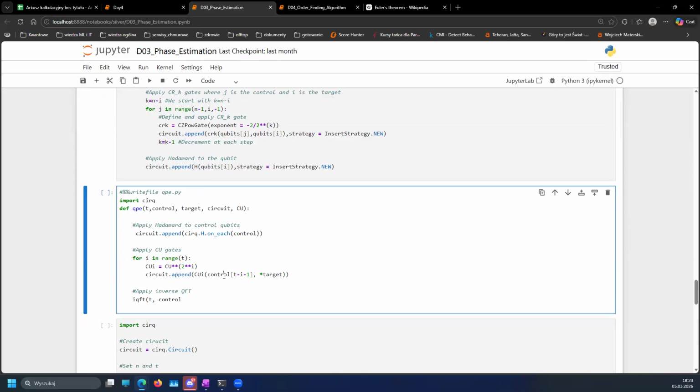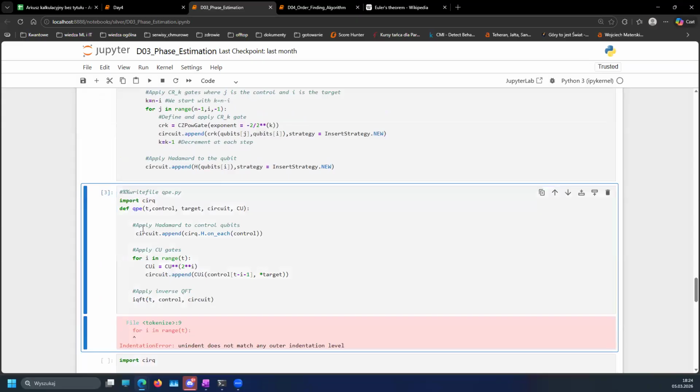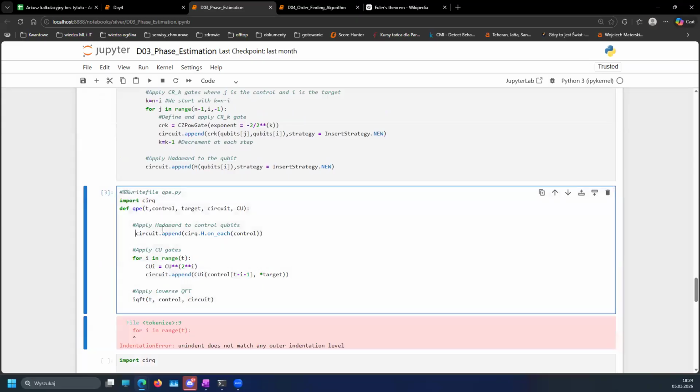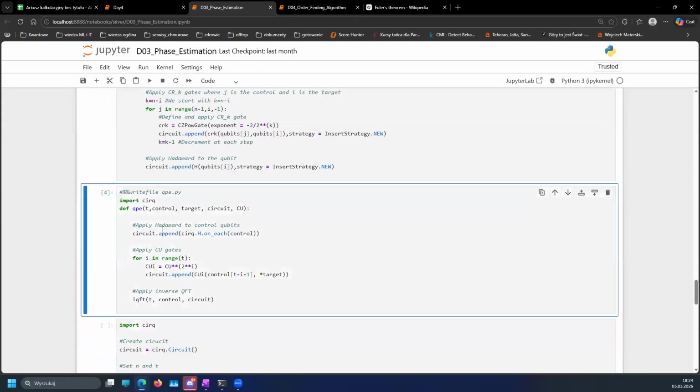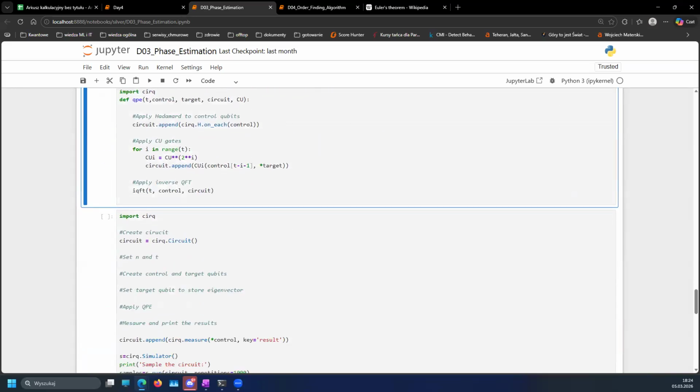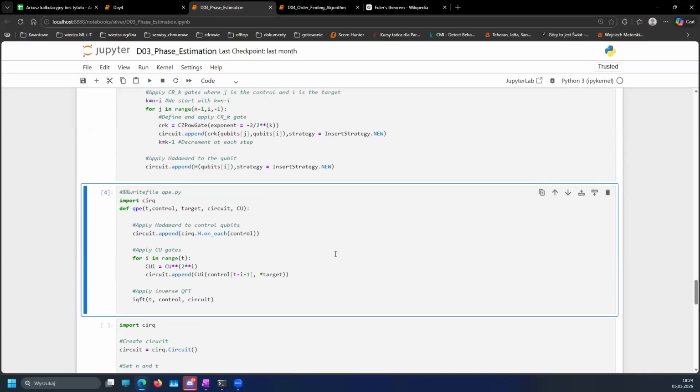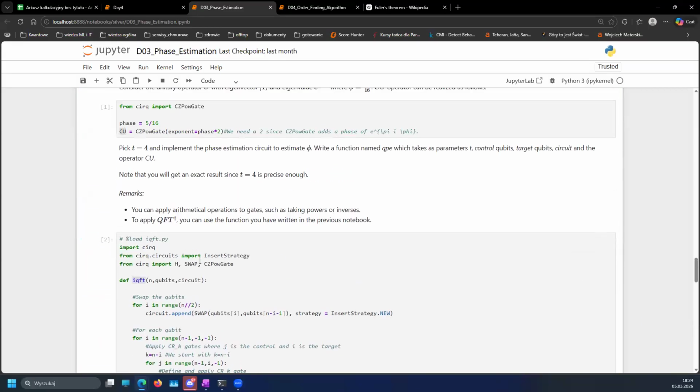Yes, we have this control register, we need to pass it here, and the name of a circuit, which is that circuit. Okay, I had an indentation error. Okay. So we have the QPE.